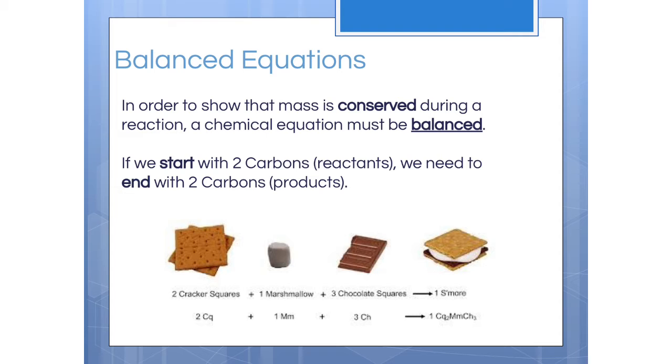And a good example here is the graham crackers. So we have 2 graham cracker squares, 1 marshmallow, 3 chocolate squares. And so this is the reactant side of the equation. On the product side, we have 1 s'more.